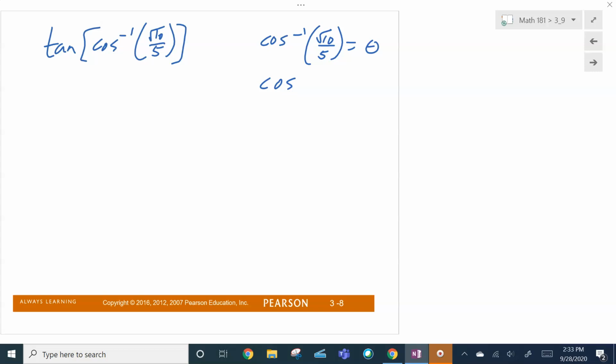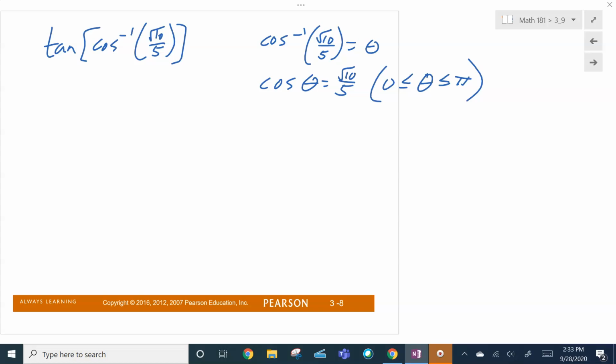So if the arc cosine of root 10 over 5 equals theta, that means the cosine of theta is root 10 over 5. Now this is where theta is between 0 and pi, right? If you remember, you had to cut off the original cosine between 0 and pi in order for it to have an inverse, the arc cosine.